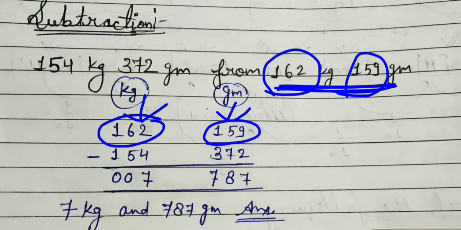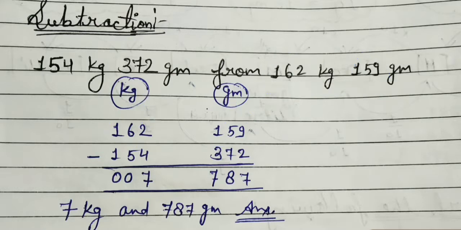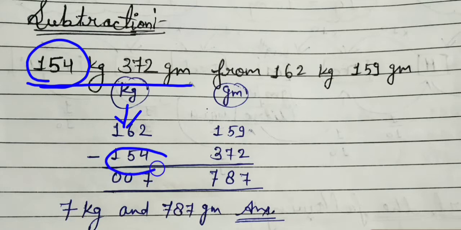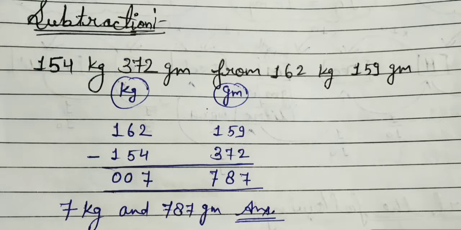This is the second part. Now we have to subtract this one. So write 154 kg below kg here, and 372 gram below gram. Now you can see your question is arranged in a proper way.